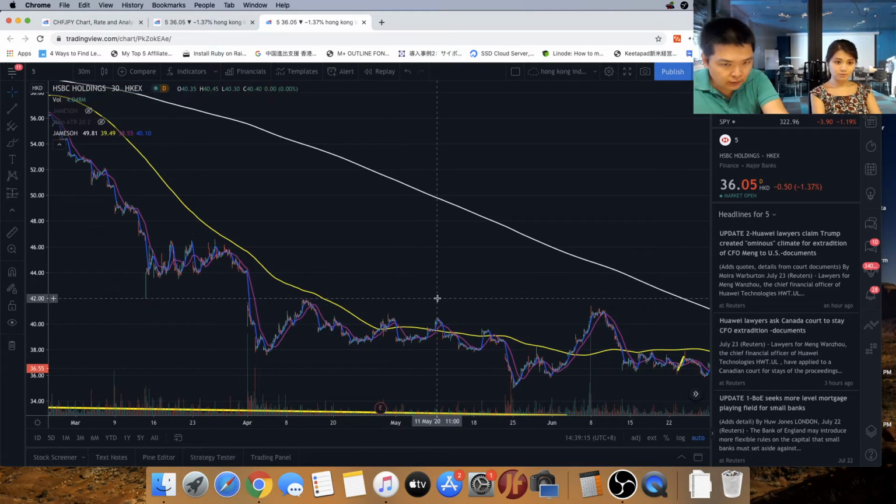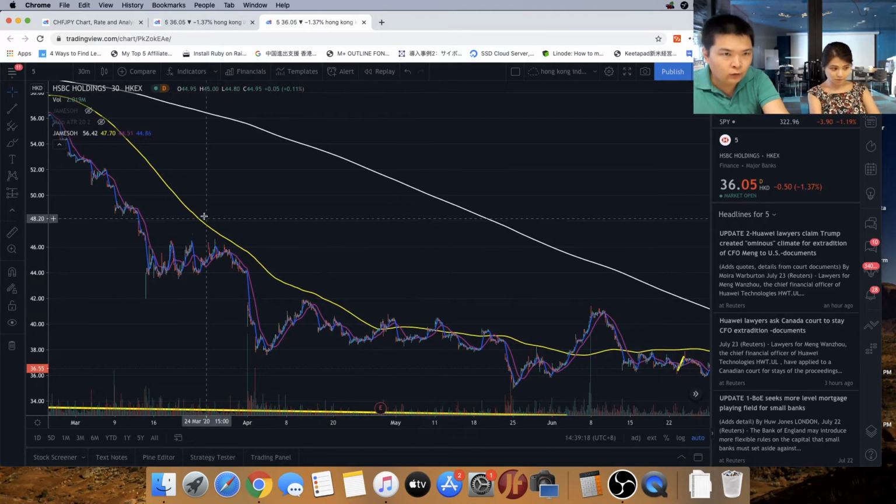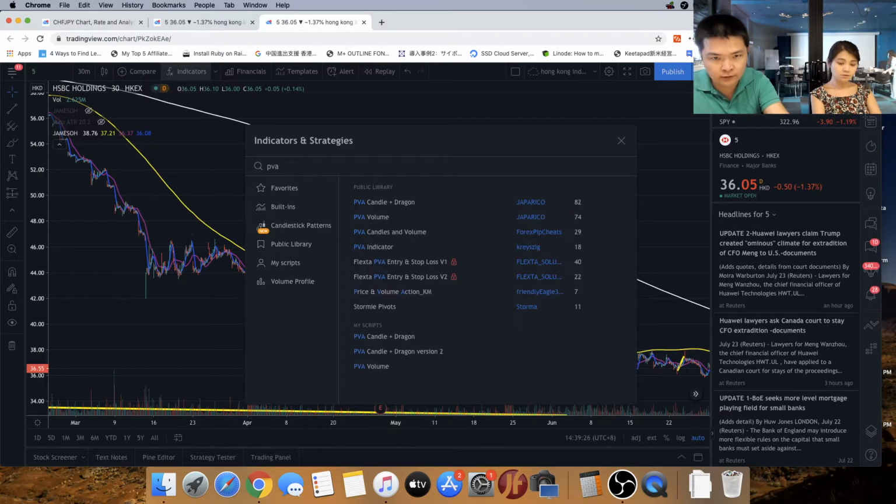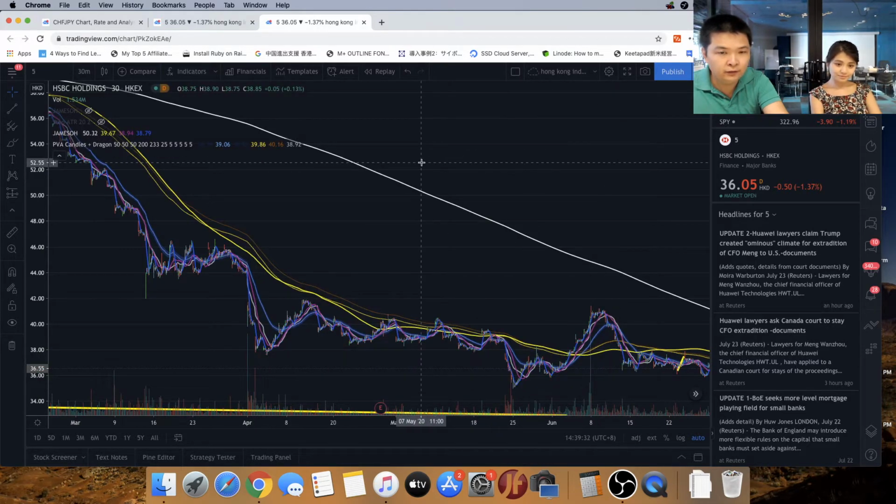They're more or less the same. This is the 200 MA. If I put the PVA indicator, which is something that I coded myself, the original idea is not mine, it's another guy's idea, the idea of a trading group. I just translated it to PineScript, which is the language used by TradingView.